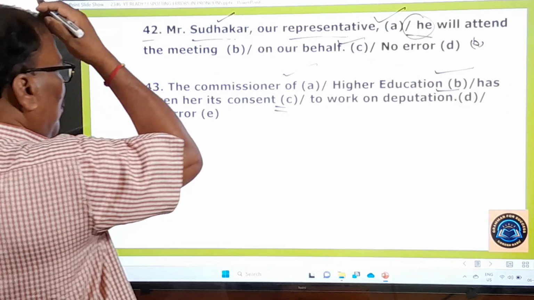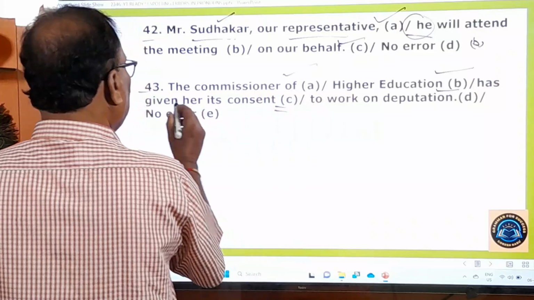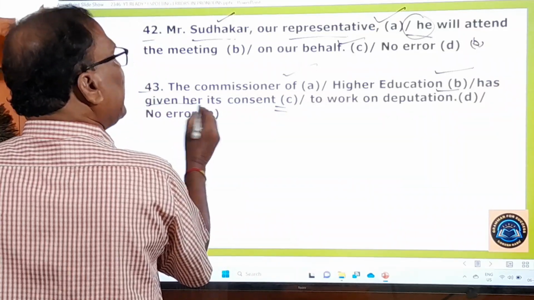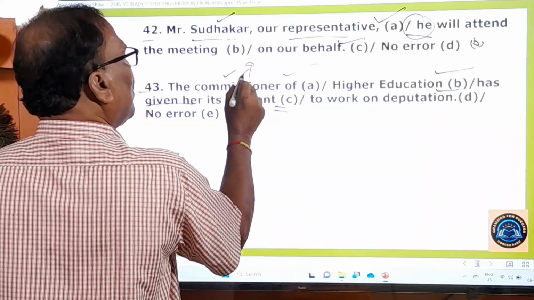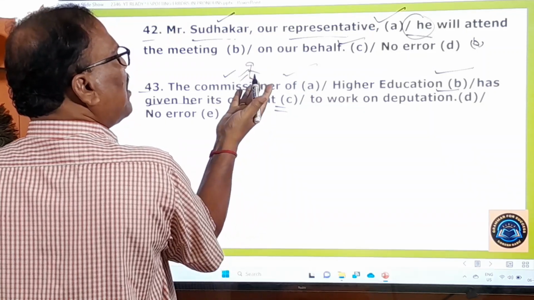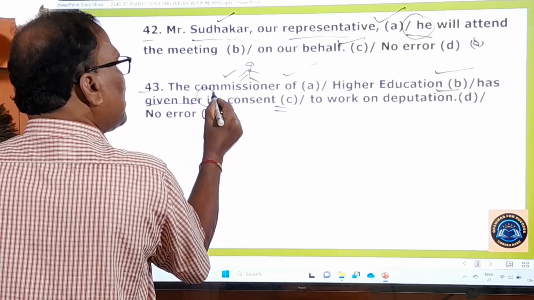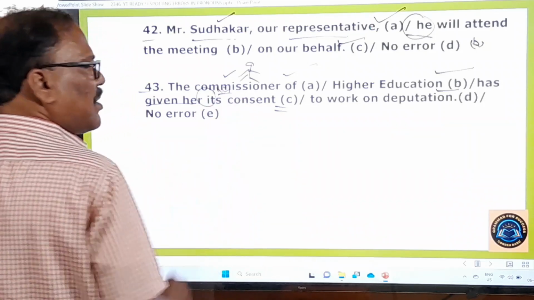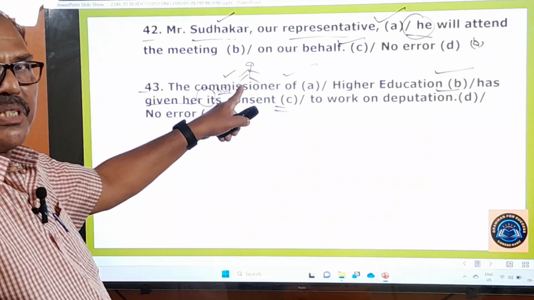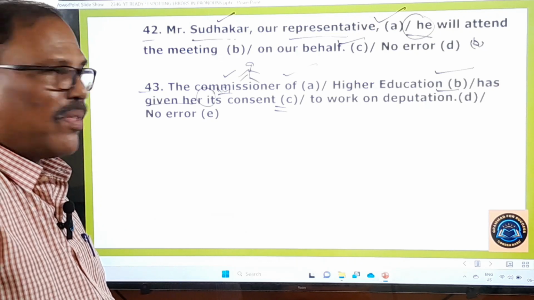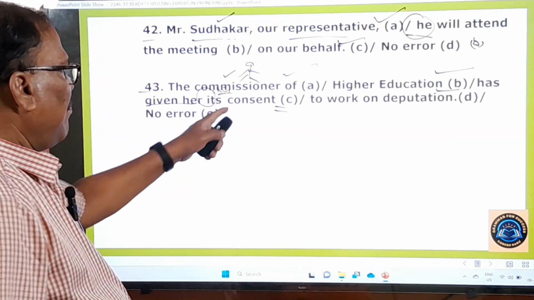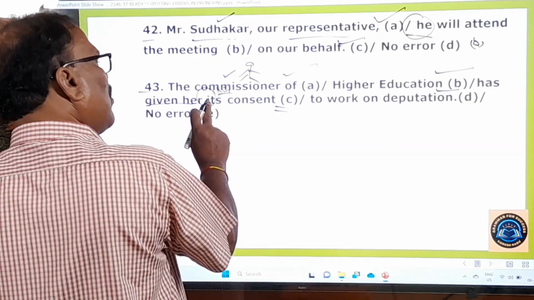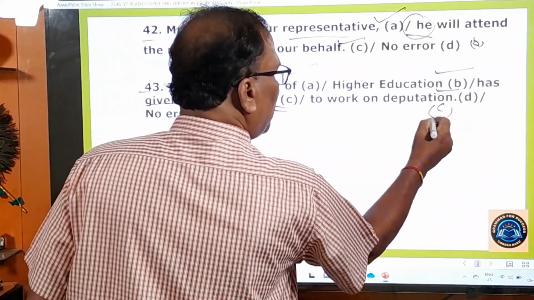Commissioner has given her what? Its consent. No, this is Higher Education, but you are talking about the Commissioner. Commissioner is a man, an IAS officer. You cannot say "its consent." You have to say "his consent." He's an IAS commissioner, which means he's an IAS officer. Can you call him "its consent"? No, "his consent." So this is missing here, and "its" is wrongly used. That's why C part is a mistake, right?